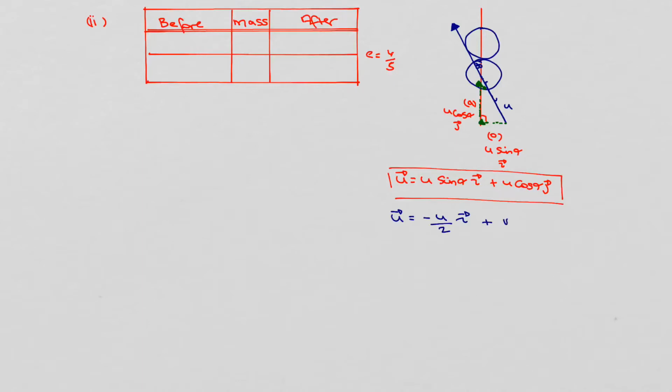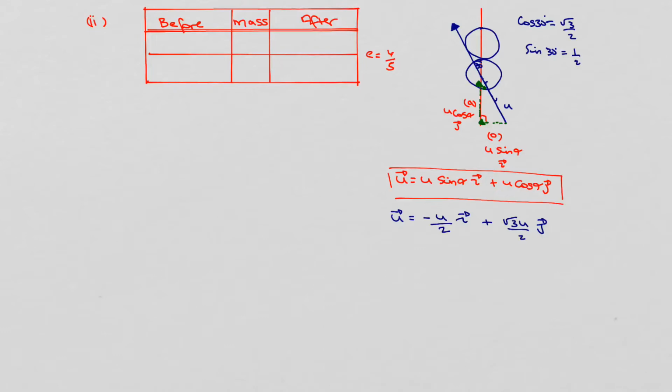So that's going to be root 3u over 2 in the j direction. So cos 30 is equal to root 3 over 2, and sine 30 is equal to a half. Okay? All right, so filling out our tables then, well, what can we say?